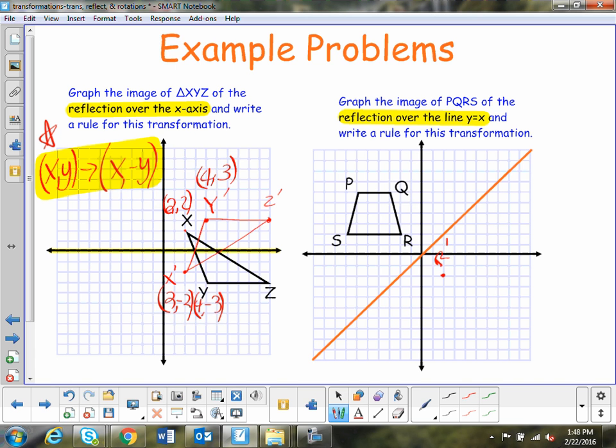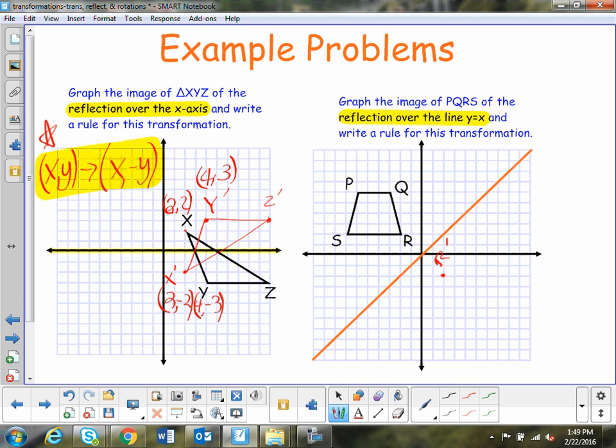How many diagonal units is Q, y'all? How many diagonal units, Cody? What did we just do a second ago? We said R is 2 diagonal units away from there. So we're going to go 2 that way.